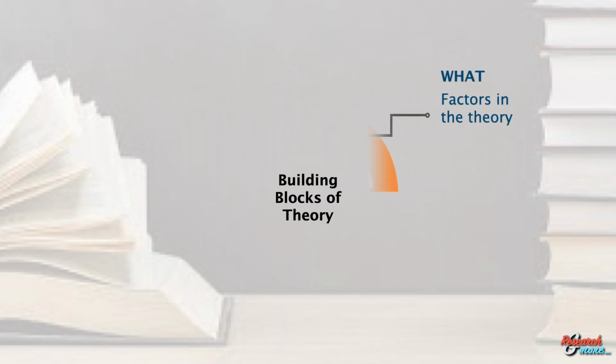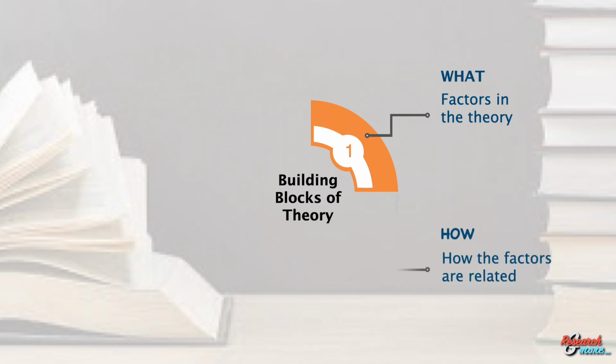The building blocks for a complete theory are made up of four essential elements: what, how, why, and who, where, and when. The what element captures the factors that should be considered as part of the phenomena of interest. How is the element that shows the relationships between and among the identified factors, for example, using arrows to connect boxes.